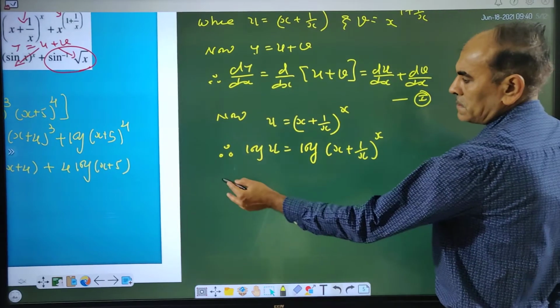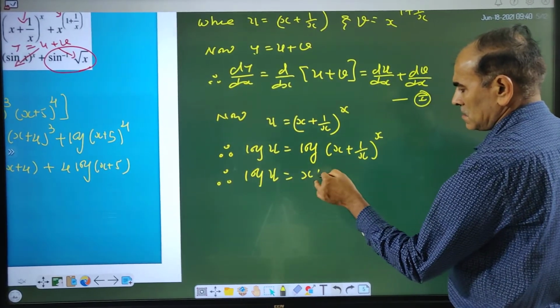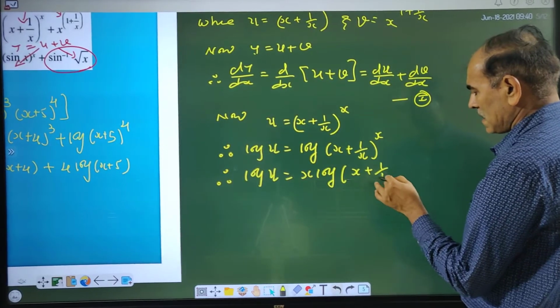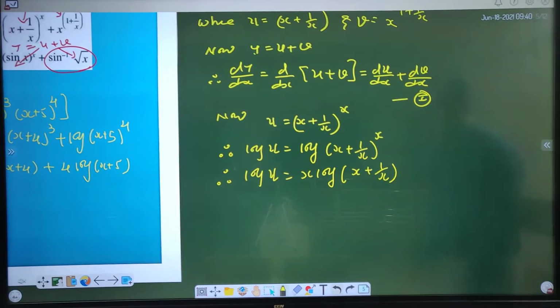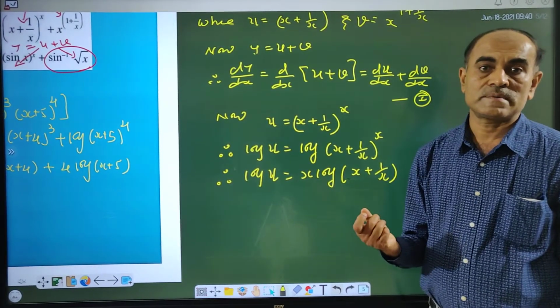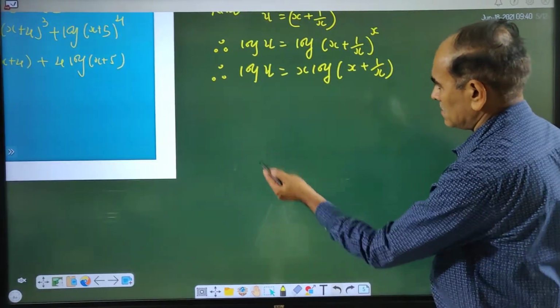So therefore log u is equal to x log (x plus 1 by x). And now we cannot simplify further because there is no rule for log of x plus 1. So we have to differentiate it.